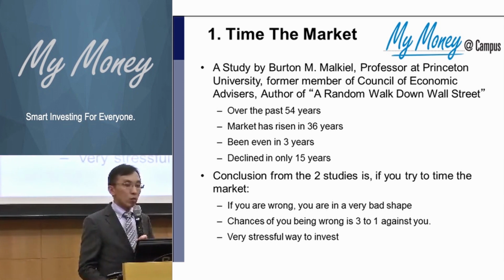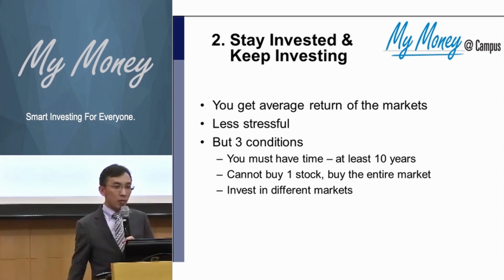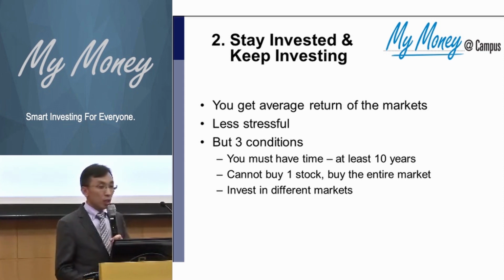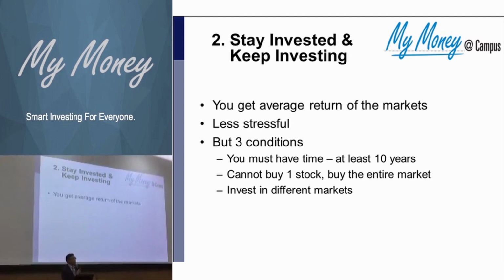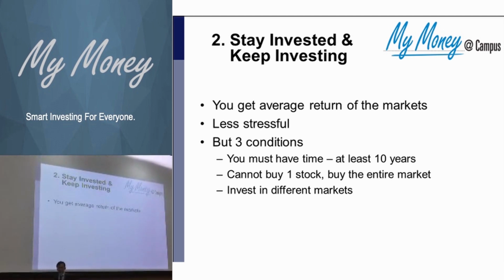So I'm going to suggest to you the second way of investing, and that is keep investing, stay invested. Now, what is this method of investing? In this method of investing, don't expect to get the best return from the market. Because you're not trying to get in at the best time and get out at the best time. What you are really trying to do is just get the average return of the market.